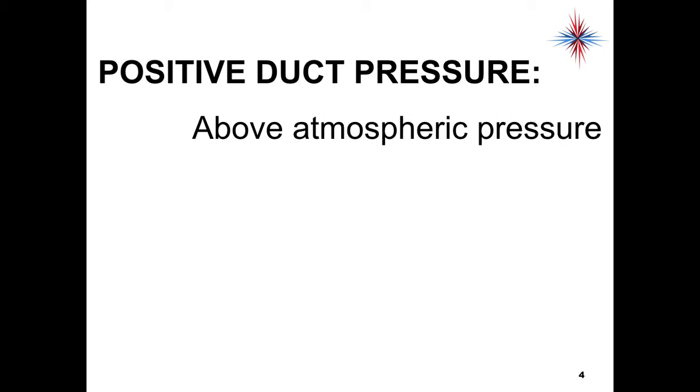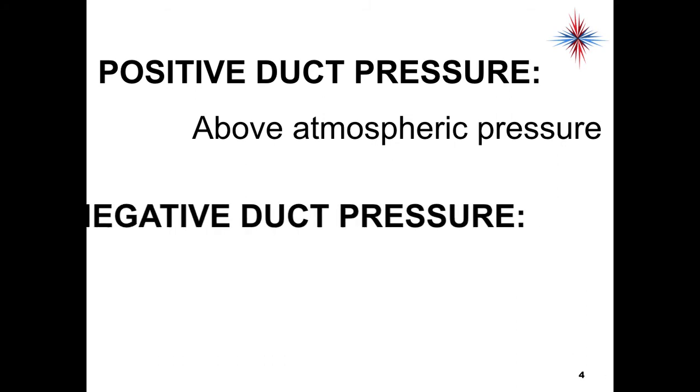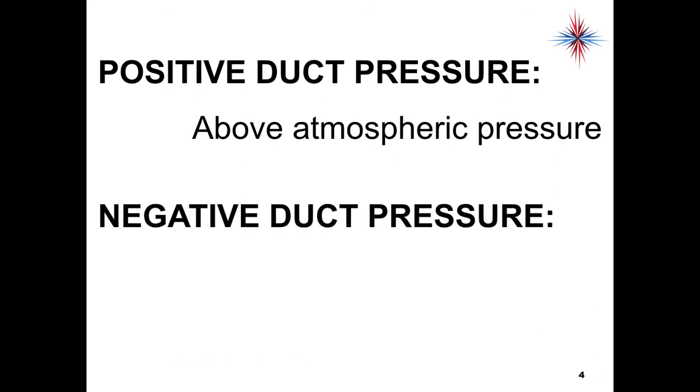That's going to be above atmospheric pressure. We also have negative duct pressure. Negative duct pressure is in the return air of the duct. Okay, negative duct pressure is going to be below atmospheric pressure. Okay, it's going to be on the side of the blower that is pulling into the system. That is negative duct pressure on the return side.